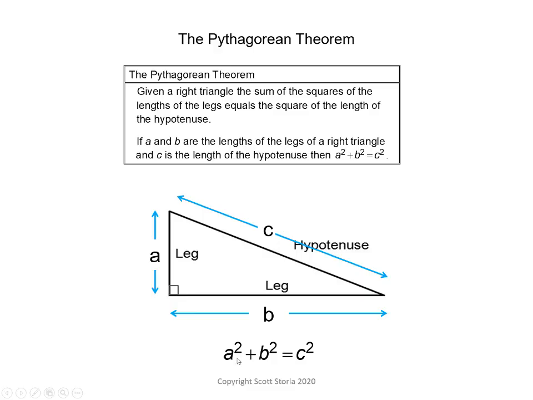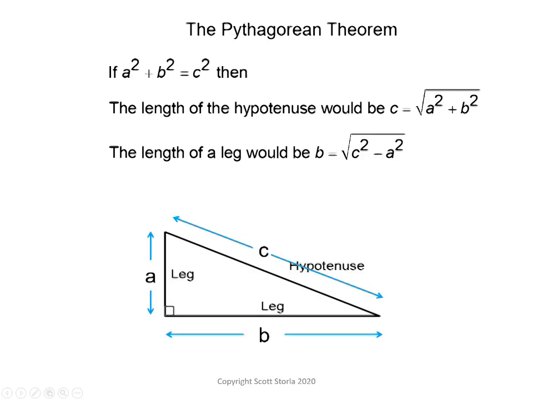Now, at the end of our course, you'll be able to solve equations that have second powers, but for now, we're not there yet. And so what we're going to have to do to use the Pythagorean theorem is we'll start with two different forms. One of them will be for finding the length of the hypotenuse, and that's the one where we have C isolated.